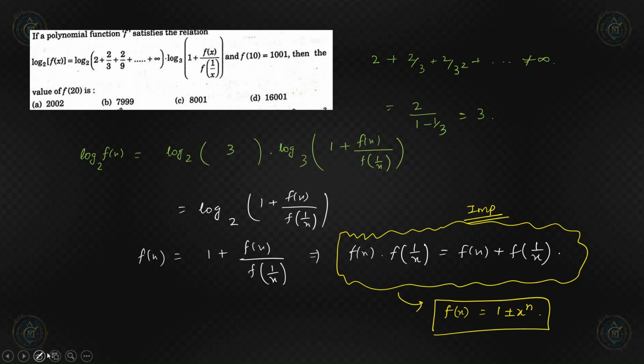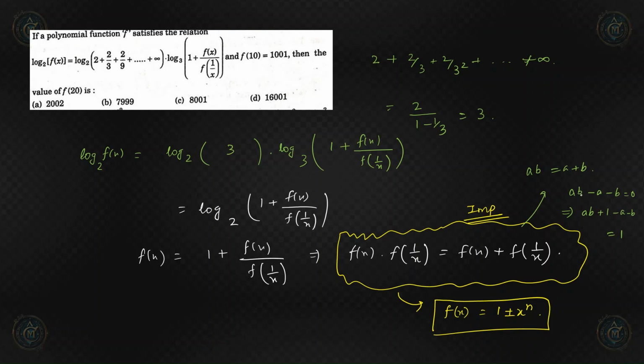Now if you want the derivation of this, you can consider this. If we look into this functional equation, it is of the form ab equal to a plus b. We can arrange this as ab minus a minus b equal to 0, and then add 1 on both sides: ab plus 1 minus a minus b equal to 1.